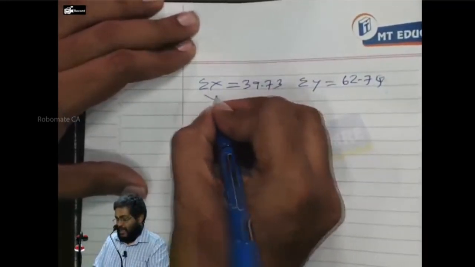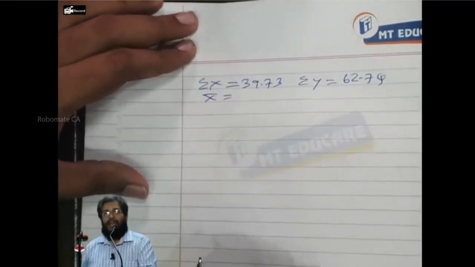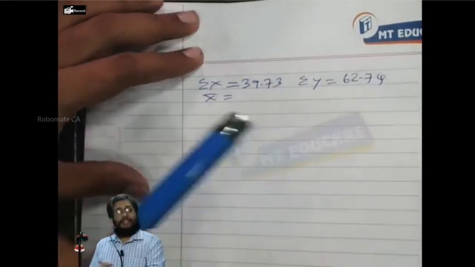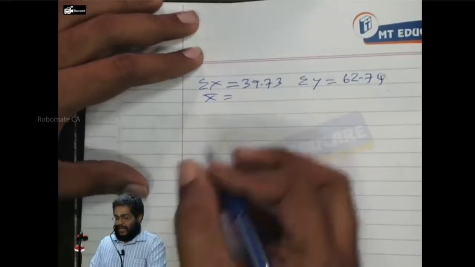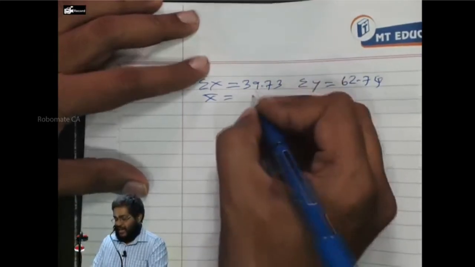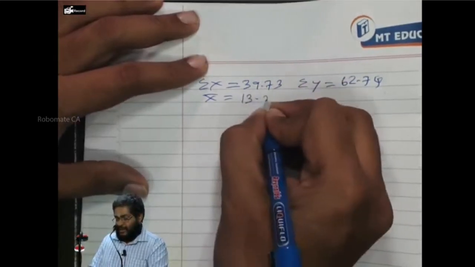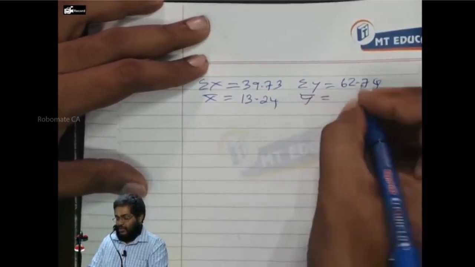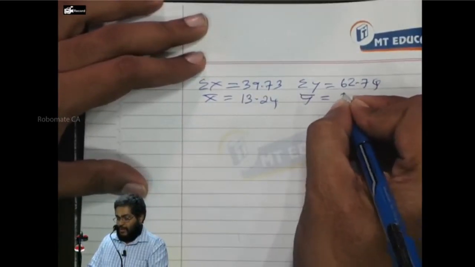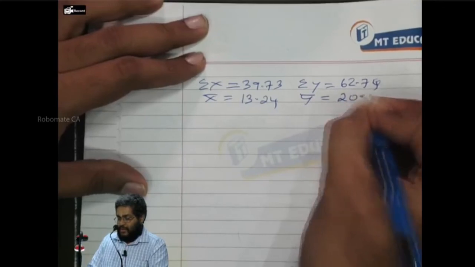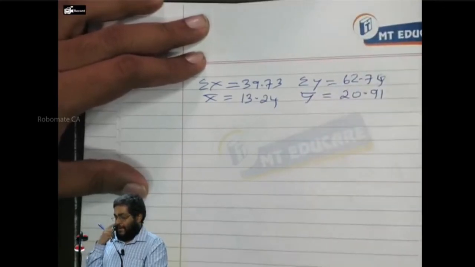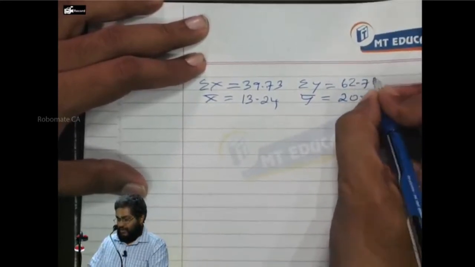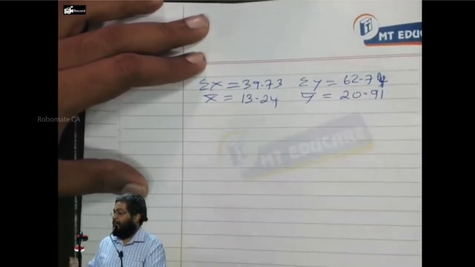X bar is equal to how much? We calculated it earlier. It is 39.73 divided by 3, which is 13.24. Y bar is equal to 20.91, nothing but 62.74 divided by 3. Can I proceed or not?